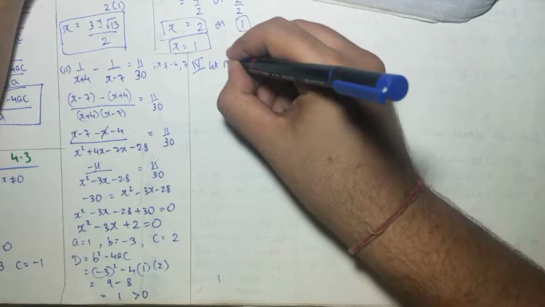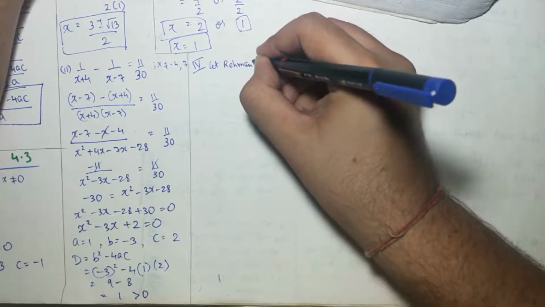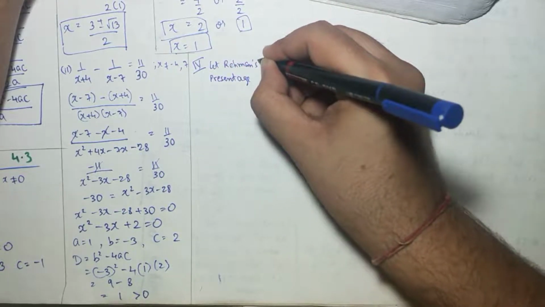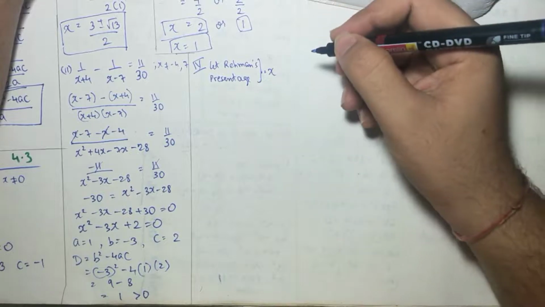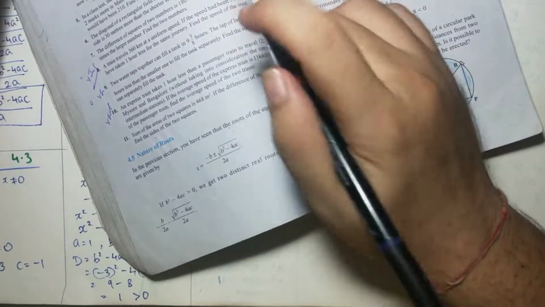Let Riemann's present age equal x. If the present age is x, which we have to find, we have to find x.